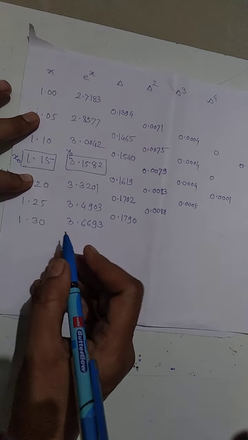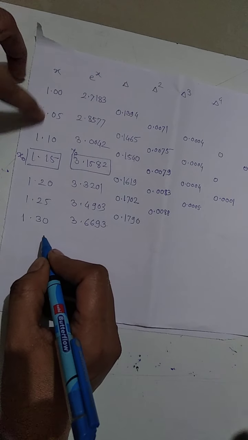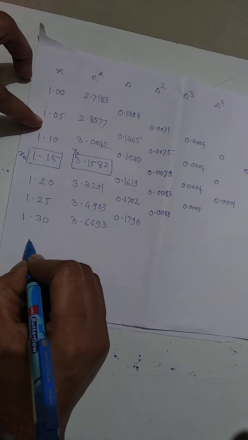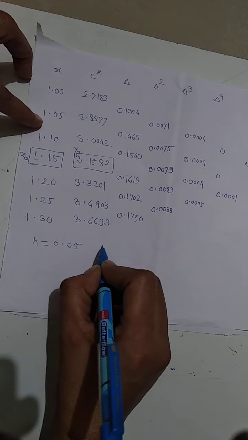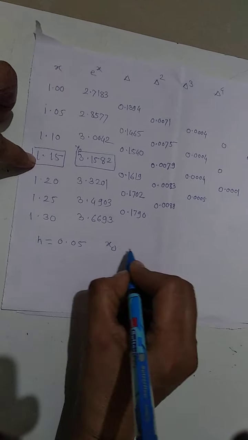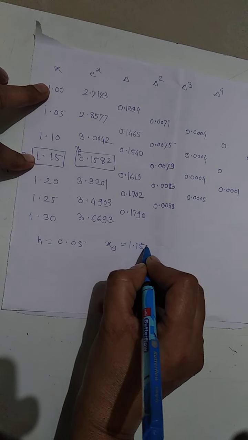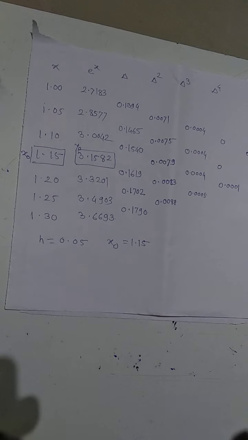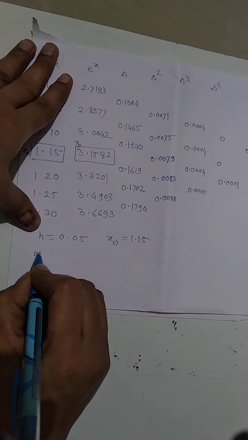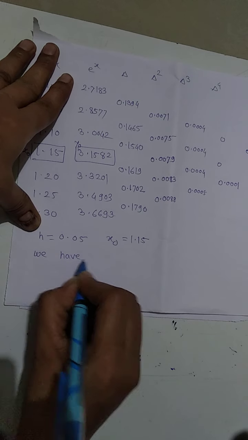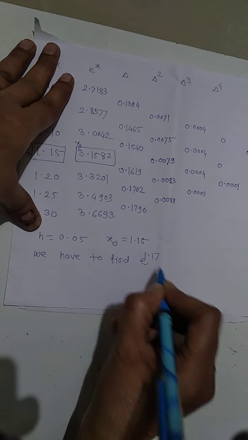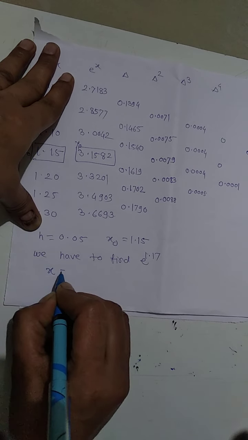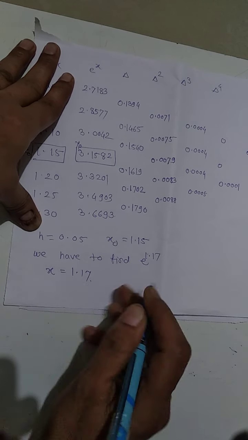Then we take the difference between these two numbers, which is 0.05, therefore h is equal to 0.05. x0 is the middle point, that is 1.15, and here we have to find e to the power 1.17, therefore x is equal to 1.17.